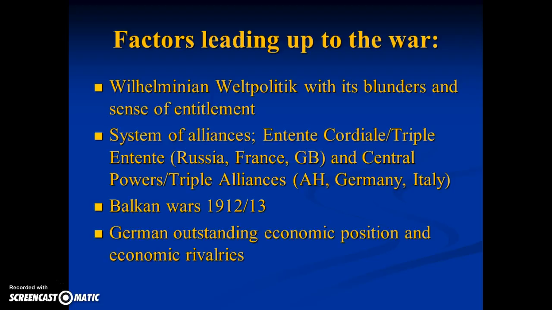A series of Balkan Wars as the Ottoman Empire began its full retreat away from southeastern Europe, and Germany's outstanding economic position and economic rivalries meant that countries such as Britain felt very threatened by German output, technical expertise, etc.